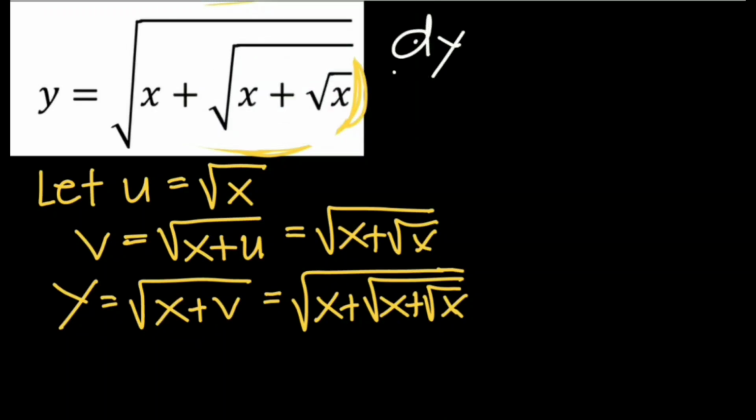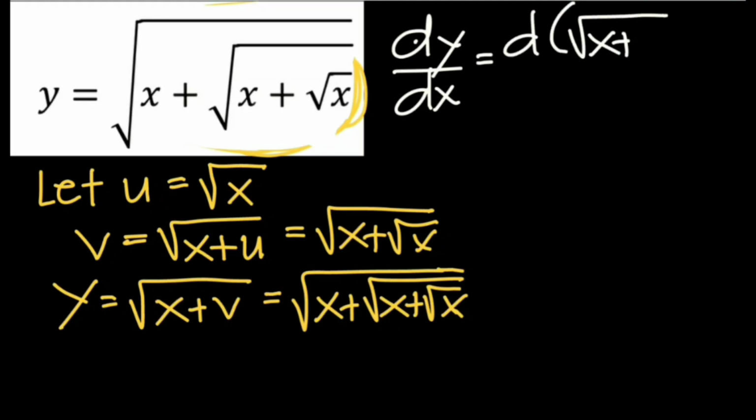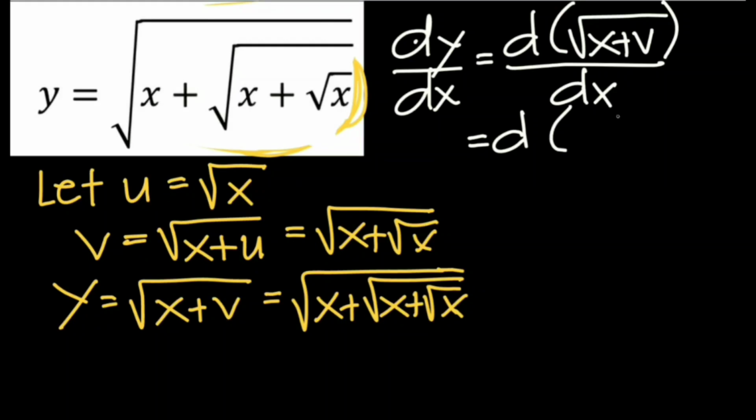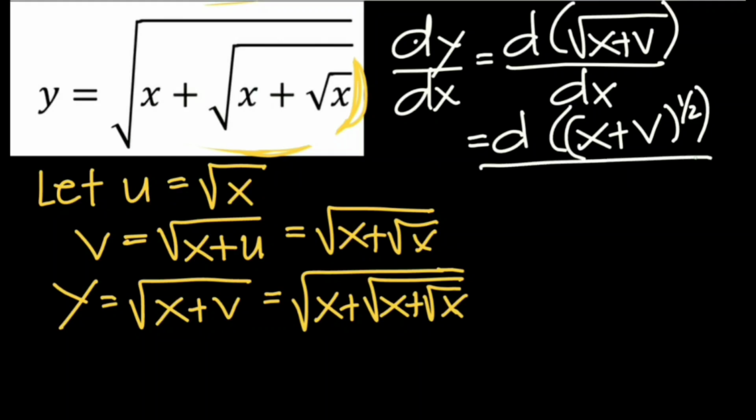That dy over dx is just equal to the derivative of the square root of x plus v with respect to x. We can write that as x plus v to the 1/2 with respect to x.